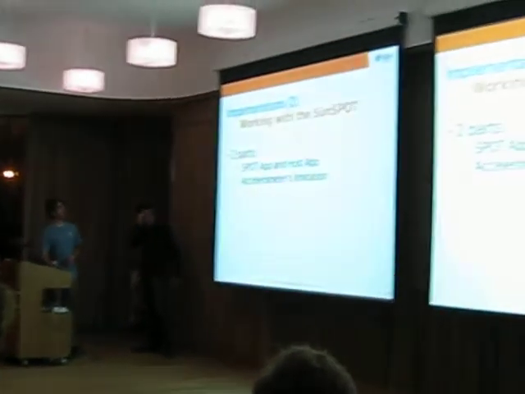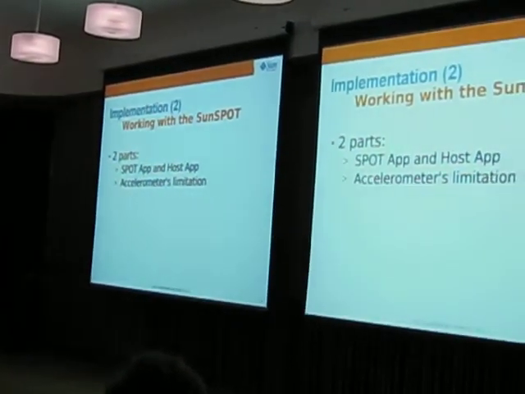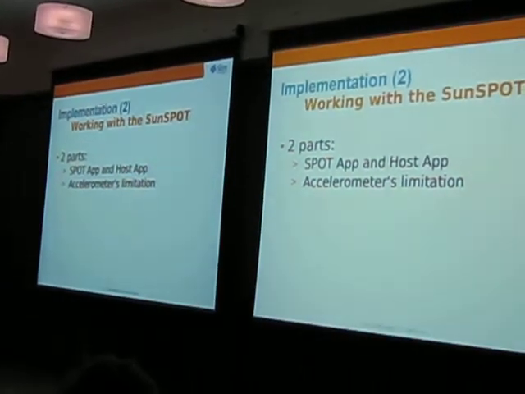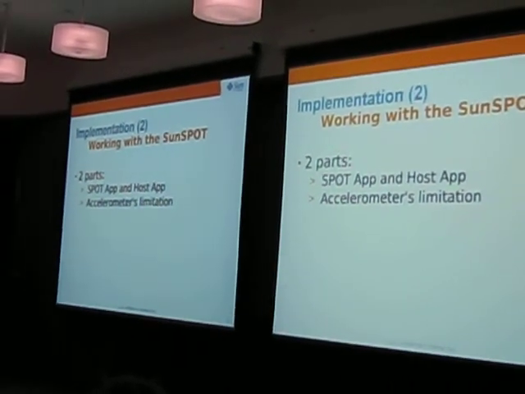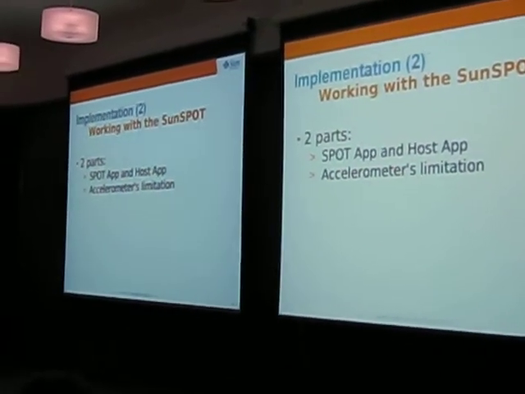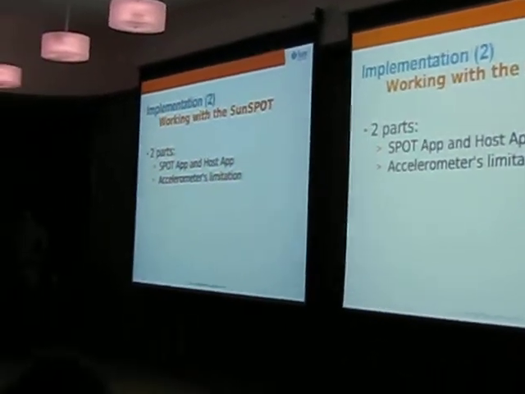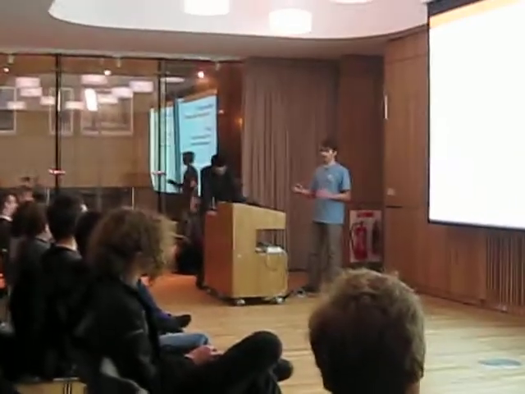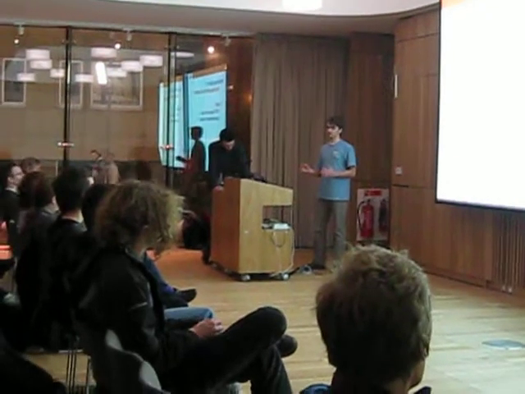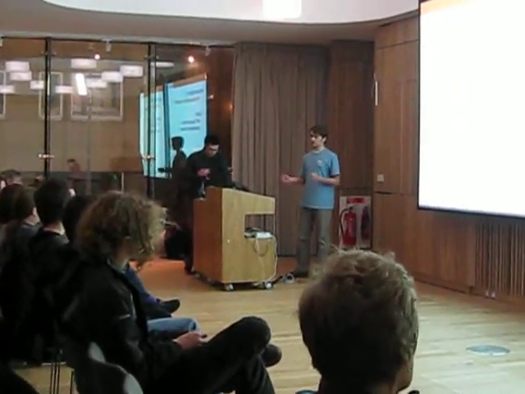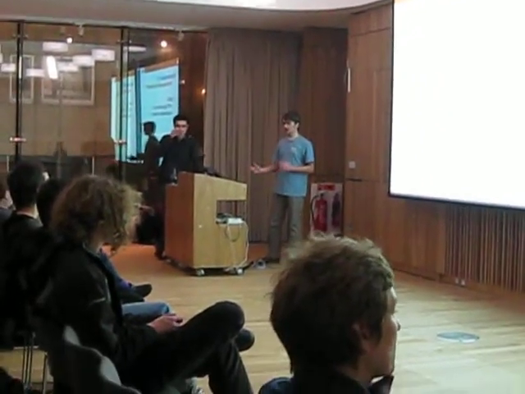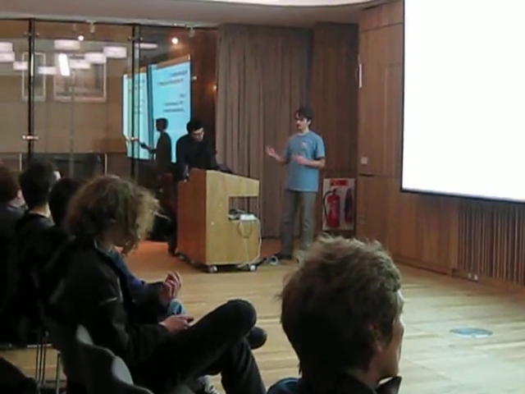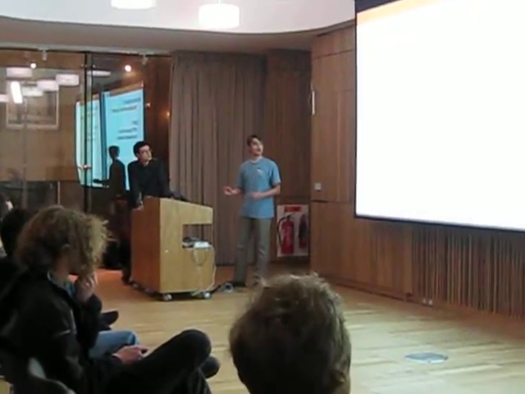So yes, I was responsible for coding the SunSPOT, and it involved writing two different applications. One that would run on the SunSPOT itself and would collect data of the head movement, and the other that would run on the PC and act as a relay between the SunSPOT and the PC.